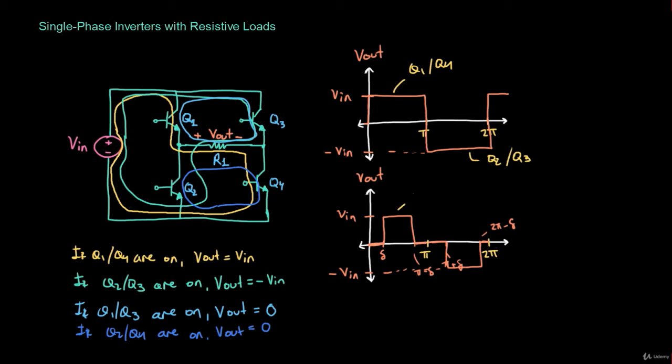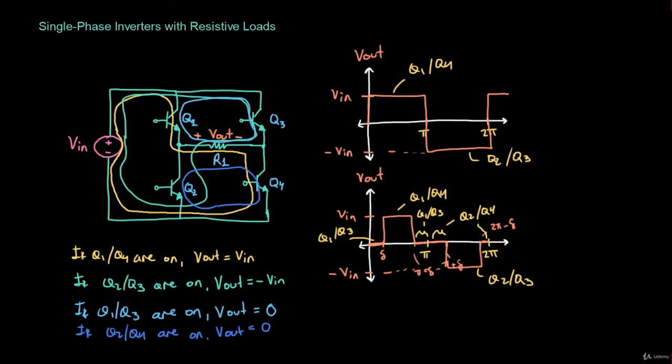Likewise here, Q1, Q4, here Q2, Q3, and then here we're going to say that we're going to do the top 2 transistors, so Q1 and Q3. Likewise for this portion only, Q1 and Q3. Now for this portion, it's going to be Q2 and Q4, and same for this part right here.